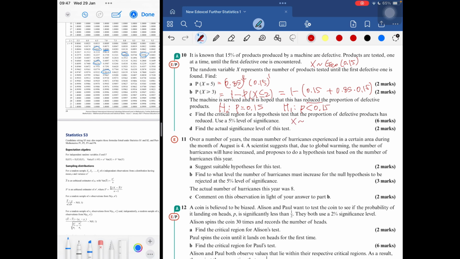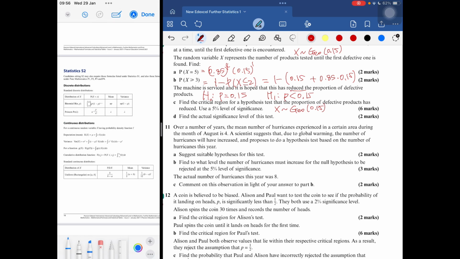So X is following geometric 0.15. In this case, it takes a longer time if we have less defective product. So at this 5% level of significance, we need to find X taking more than some specific number, and this is smaller than 0.05.